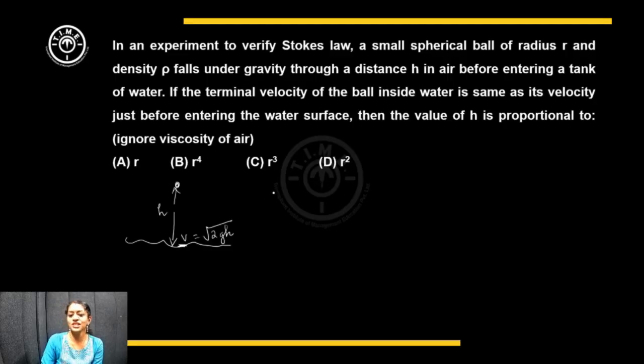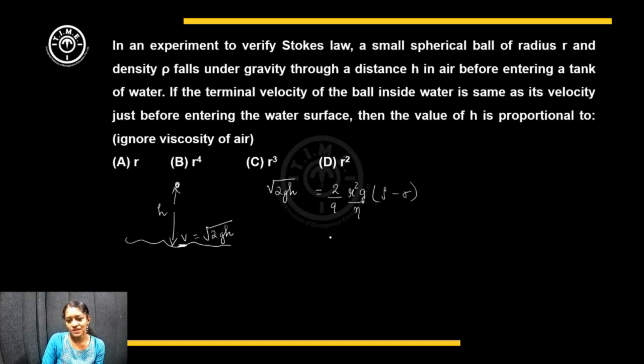So now the solution is very simple. Root of 2gh will be equal to the terminal velocity of the ball inside the water. We already know what is the equation of terminal velocity. What is that? 2 by 9 r square g by eta into rho minus sigma. So nothing to do much. Here what we need is just the relation between h and r.